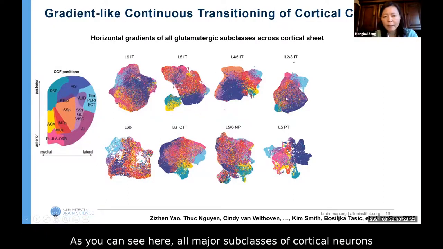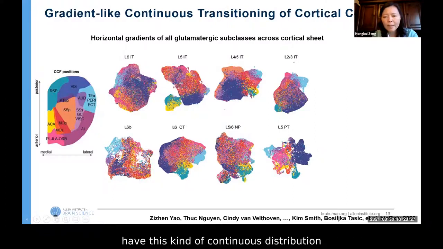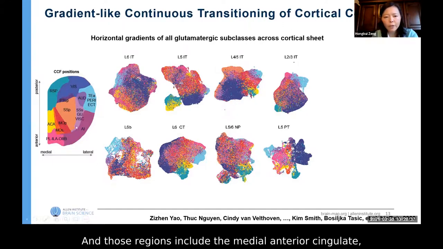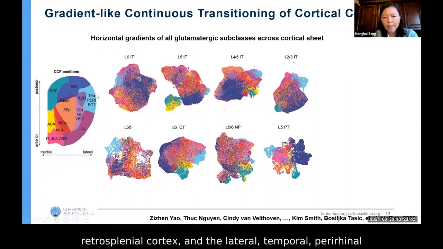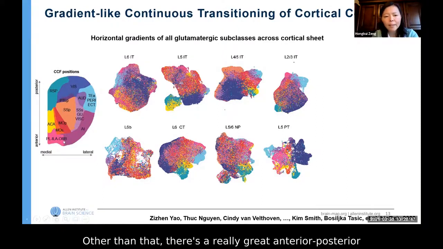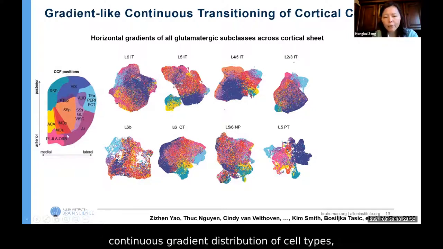As you can see here, all major subclasses of cortical neurons have this kind of continuous distribution, with only some regions that are highly distinct from the others. And those regions include the medial anterior cingulate retrosplenial cortex and the lateral temporal perirhinal and ectorhinal cortex. Other than that, there's a really great anterior-posterior continuous gradient distribution of cell types, even including the prefrontal cortical areas.